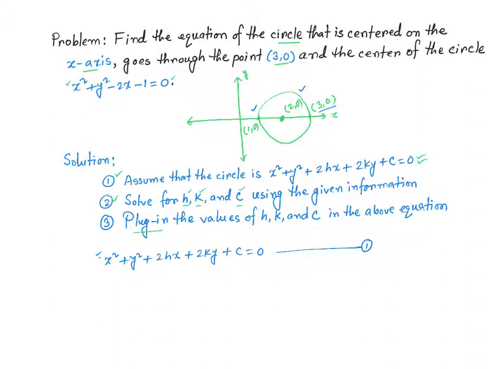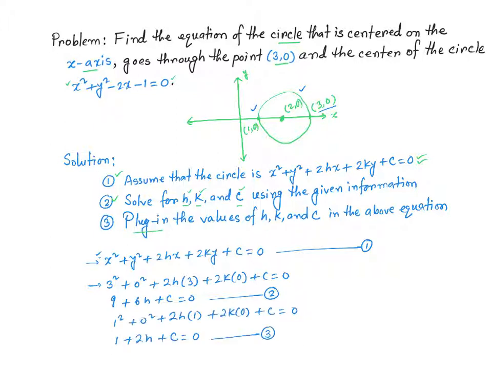So we are going to plug in these 2 values and try to solve. If I plug in x equal to 3, y equal to 0 into this equation and solve for it, I get this equation. Now I'm going to do the same thing for x equal to 1 and y equal to 0. If we do so, we get equation number 3, which is this one.